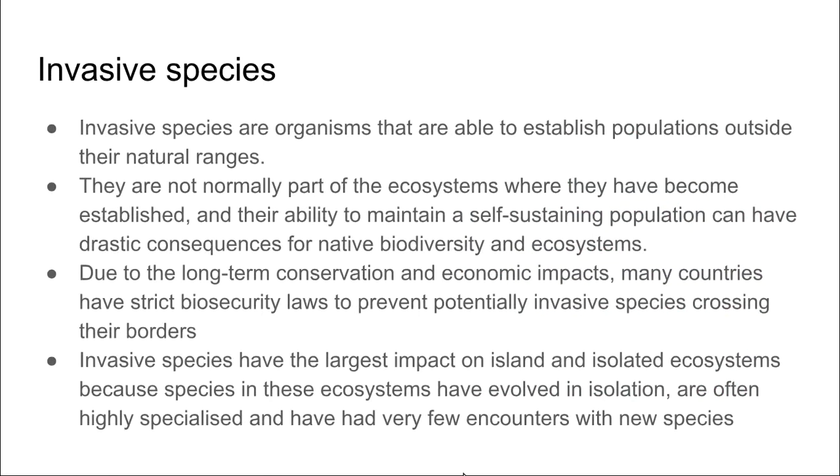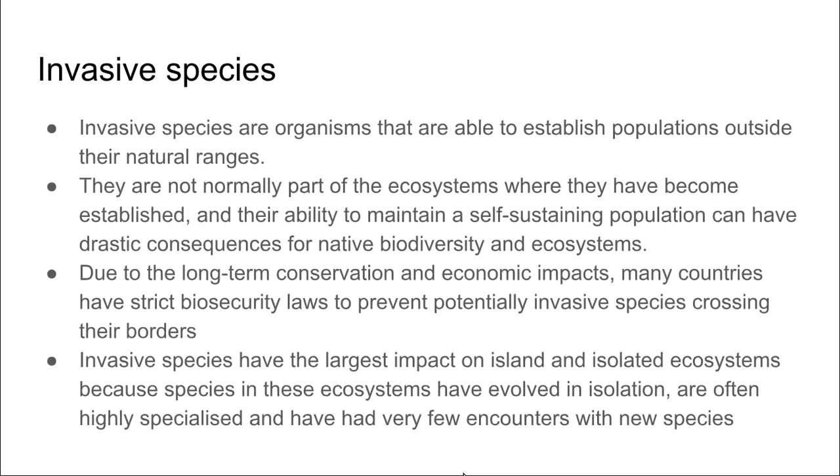And the other one, which we're going to look at in this video in some detail, is invasive species. These organisms are able to establish populations outside their natural ranges. And if they're not usually part of the ecosystem, they can have drastic consequences for any of the native biodiversity and the ecosystem itself.